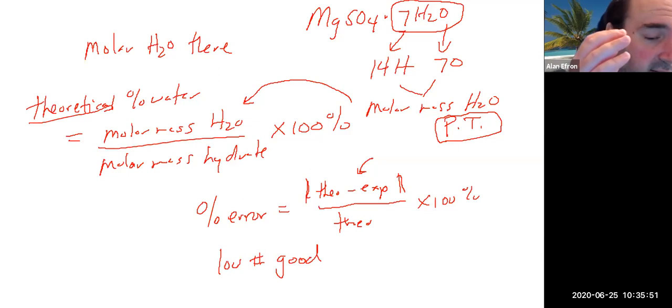So if we get a very small percent error, that means the experiment was done really well, and our experimental percentage is very close to our theoretical. If you get a very high percent error, that means most likely something went wrong along the way, which will also sometimes make you think about what maybe went wrong in that particular experiment. Any questions on the experiment itself or the calculation part?